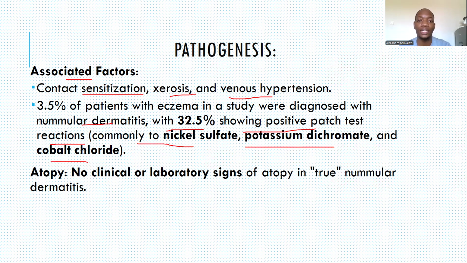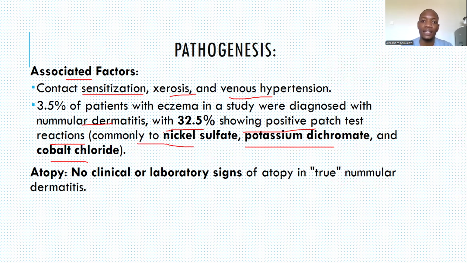So this study simply shows you that at first you think, oh, this is maybe nummular dermatitis. But then when you go ahead and look for any history of contact dermatitis, and then you do the patch testing, you find that some of the patients were actually sensitive to these other allergens like nickel, potassium dichromate found in cement, or even cobalt chloride.